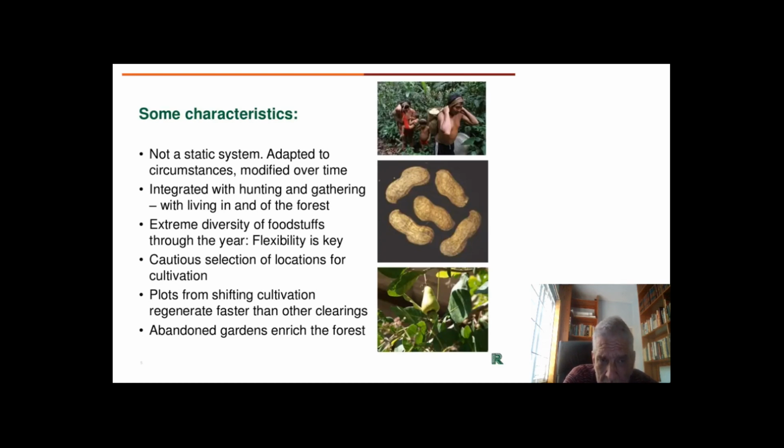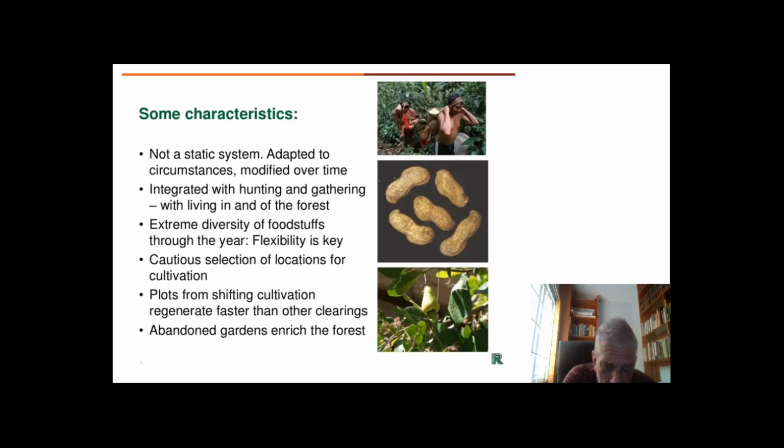And of course, hunting and gathering is also a sustainable means of living. The carrying capacity of the population may be low, but it's still sustainable, which is not what is happening in the world today.